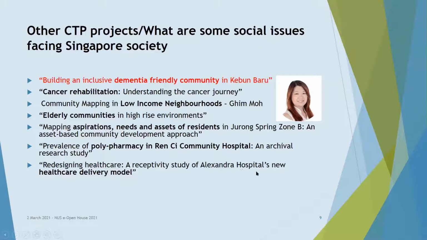This is work with Alexandra Hospital, to do with allied care and community care. So you can see the range of issues, right? Whether it's elderly population issues, low income neighborhoods, healthcare issues, and so forth. And like the one I showed you before on technology on literacy, just about any issue lends itself to a project from our point of view.